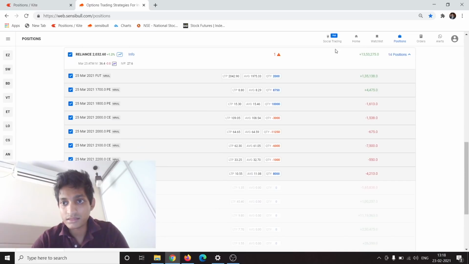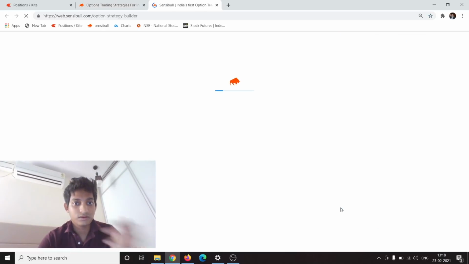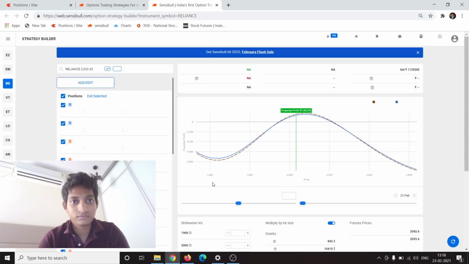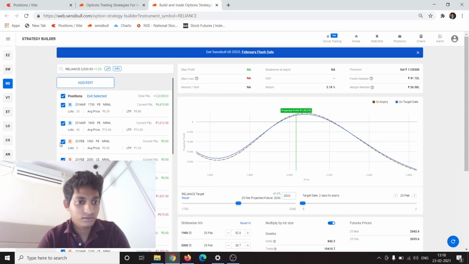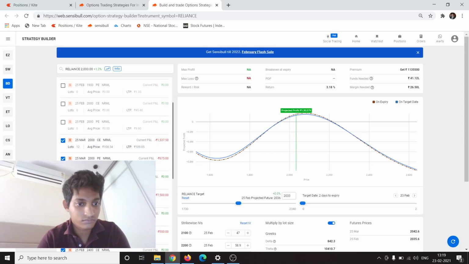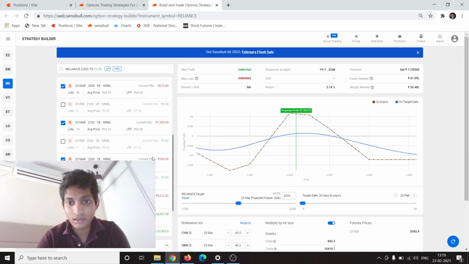So overall on the Reliance position, we've booked about 13 lakhs 50,000 on this account. So let's see what it looks like in March RPF chart. Right.